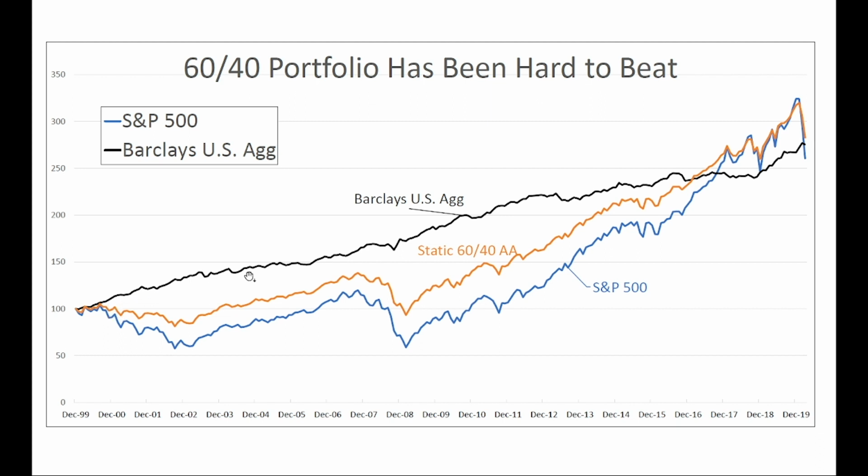So the black line would be if we had all our allocation in bonds, right? And the bond portfolio I'm using here is the Lehman aggregate or the Barclays Ag. The blue line would be the results if we had 100% of our money invested in the S&P 500 all the time for the last 20 plus years.